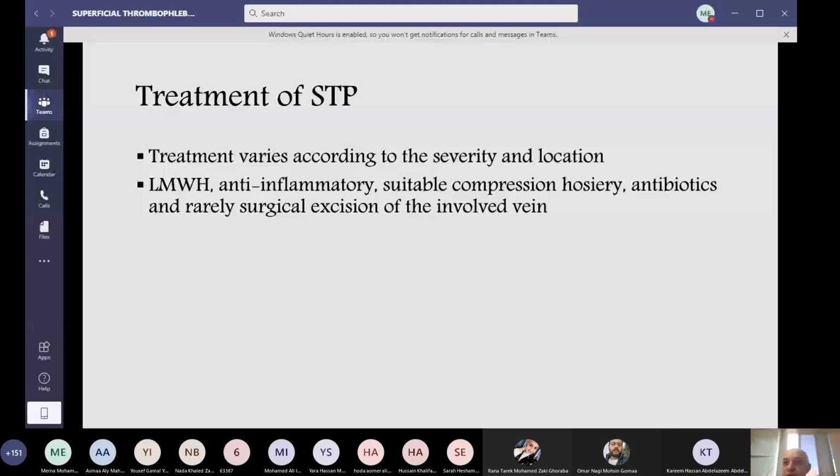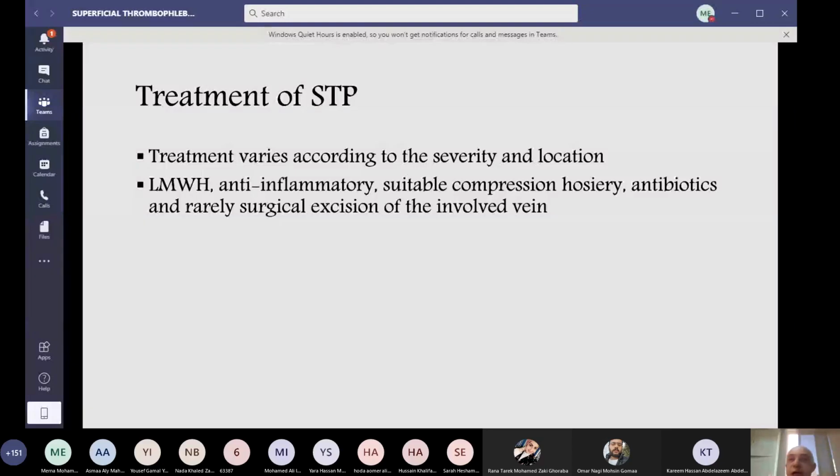The severity and location will dictate what special treatment I should give the patient. We have low molecular weight heparin, suitable compression stockings, antibiotics, and rarely surgical excision of the involved vein.